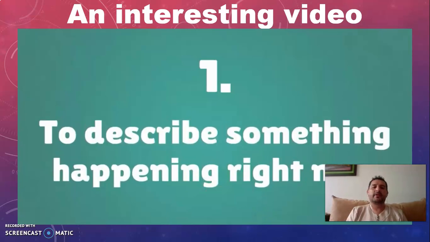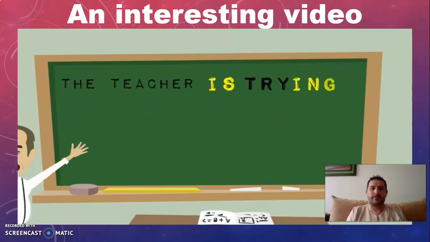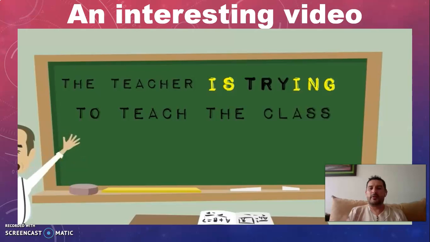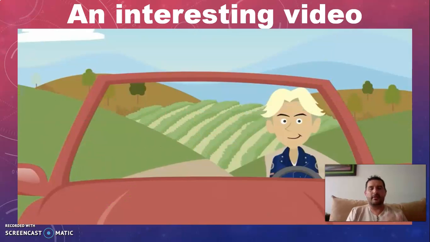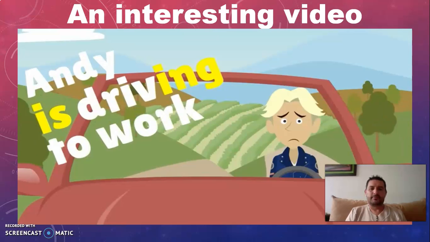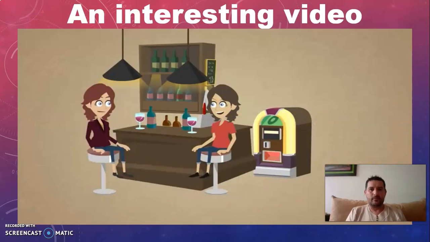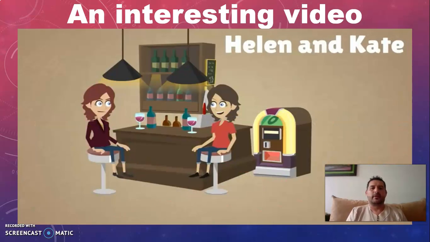It is important that they know that they can use it to describe something that is happening now. So, with an example where they can infer and determine something about the class. For example, in this case, Andy is driving to work. Helen and Kate are talking.